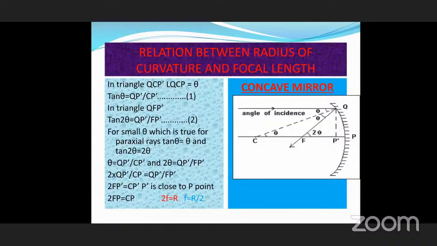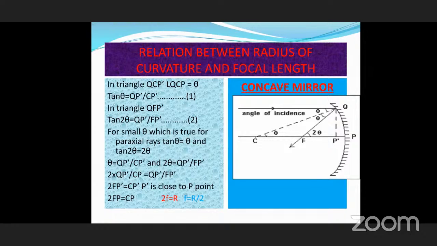But here in the diagram you can also understand P dash is very close to P. And this is another approximation. We have taken two approximations. One is that theta is very small, and the next approximation is that P dash is very close to P, so instead of FP dash, you can take FP. Similarly, instead of CP dash, we can take CP.